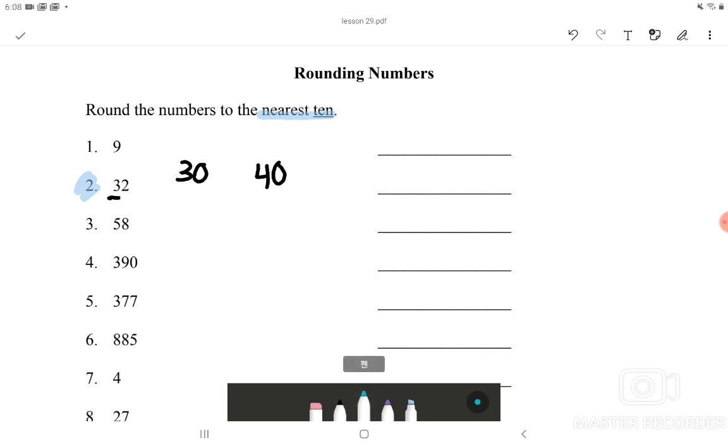There is only 2 difference between 30 and 32, and there is 8 difference between 32 and 40. We know that it should be rounded down to 30.